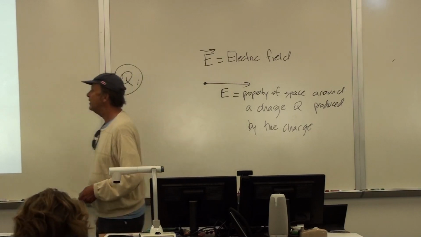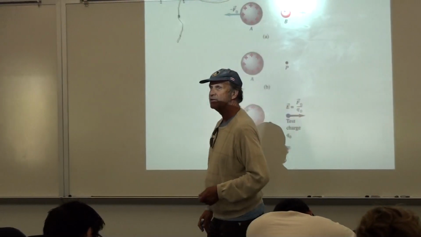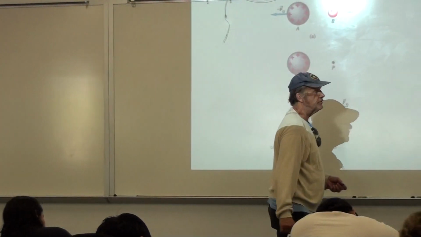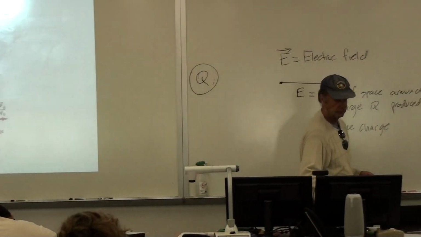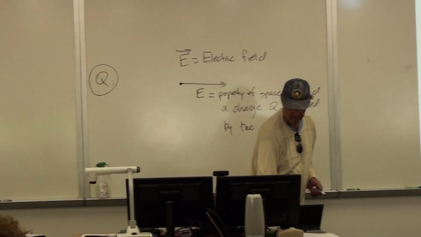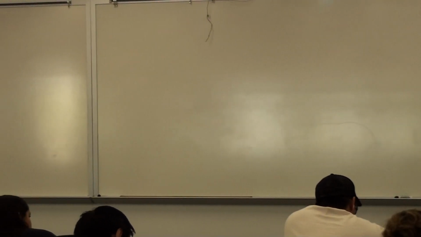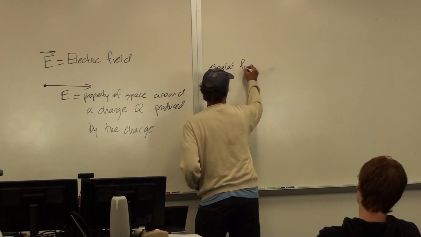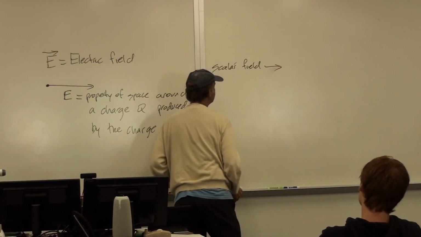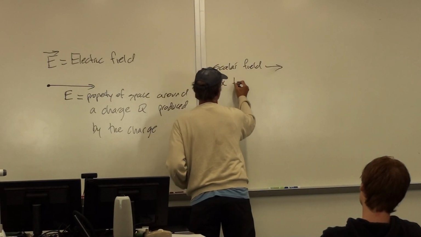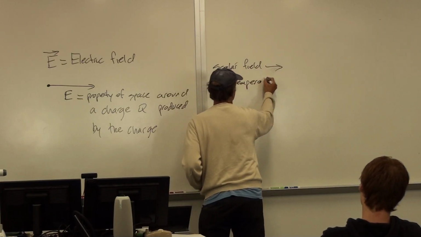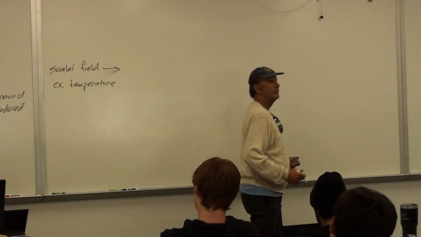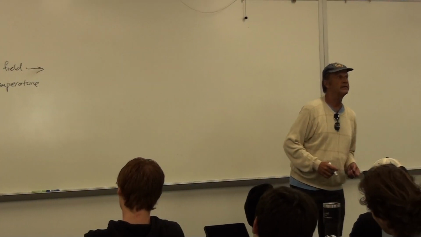Okay, so before we can make more sense out of that, we need to know what a field is. And so there's two different types of fields. A scalar field and a vector field. An example of a scalar field would be, say, temperature. You have a numerical value for a physical quantity at every point in the space.